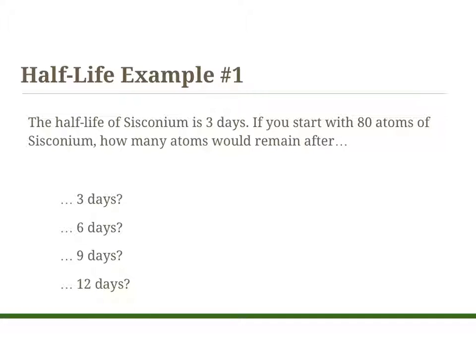So what I'm telling you is that after 3 days, half of what you start with will be left. So I'm telling you that the original size of your sample, in this case, is 80 atoms. And the question is, how many atoms will remain after one half-life, which in this case is 3 days?